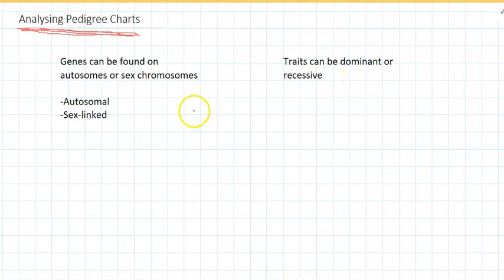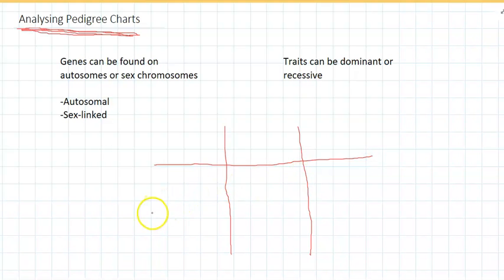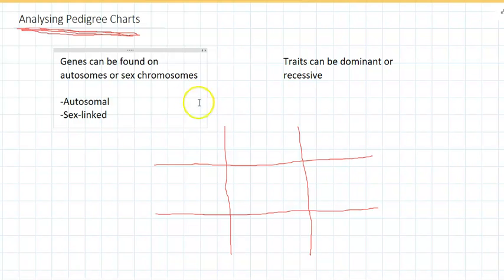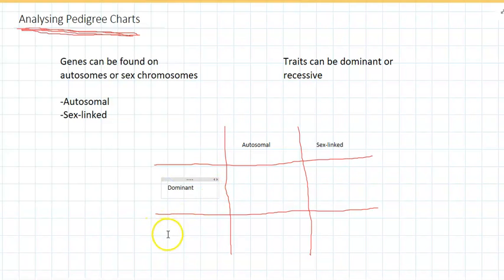So we'll draw a quick two-way table to show all 4 situations. A two-way table is just like a pedigree chart or a Punnett square. So you can have autosomal genes, you can have sex-linked, you can have dominant traits, and you can have recessive traits.